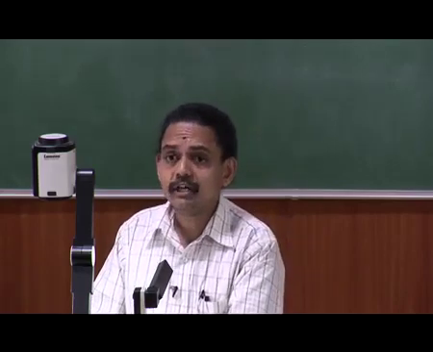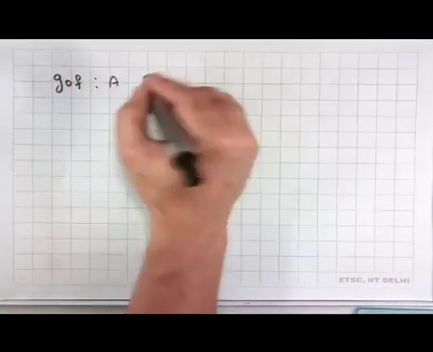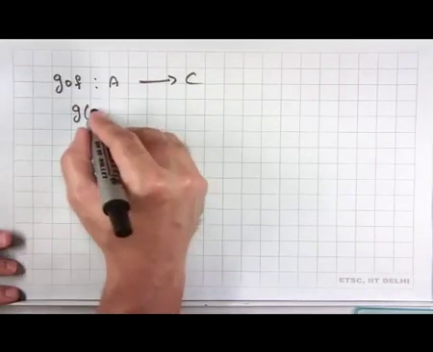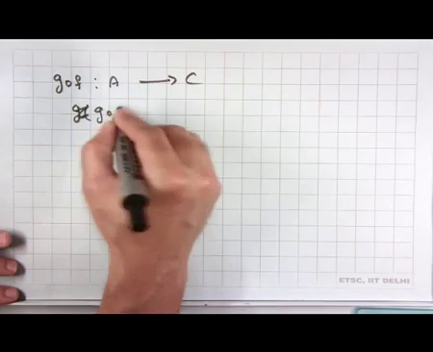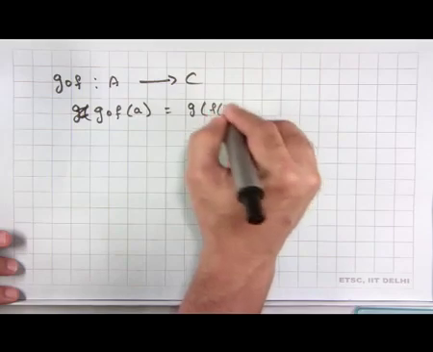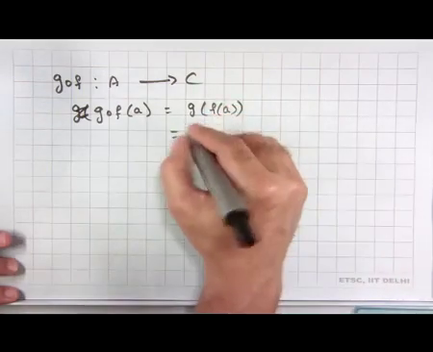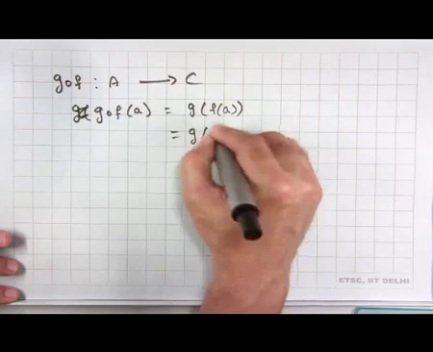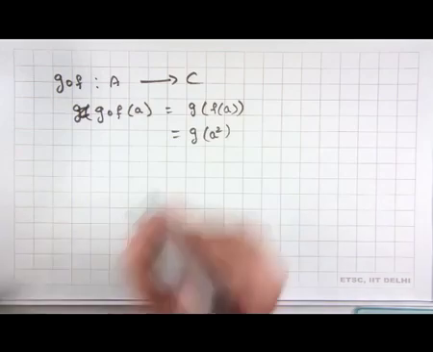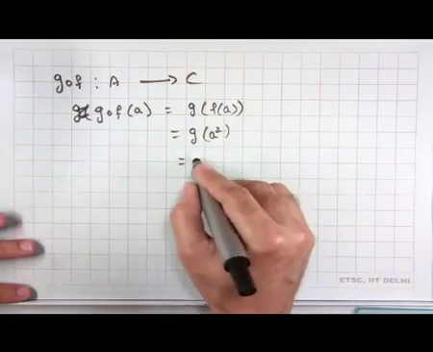Now, let us try to look at the composition of these two functions. Let us try to compute g composed with f as a function from A to C. Now, let us write g composed with f at a equal to g of f of a, which is given as g of a square, but a square is always a perfect square, and therefore this is going to give me just square root of a square.